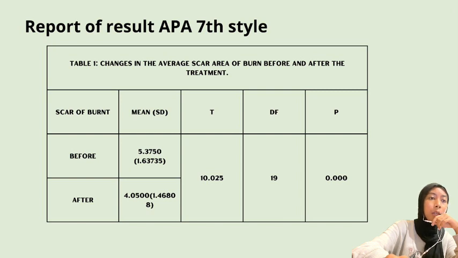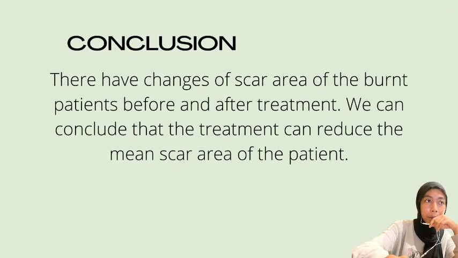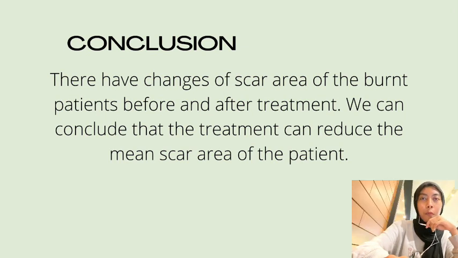Then the t is 10.025, and the degrees of freedom is 19. So p is 0. So the conclusion is there is a change of scar area of the burn patients before and after the treatment. So we can conclude that the treatment can reduce the mean scar of the patients. So that's all from me, and thank you very much.